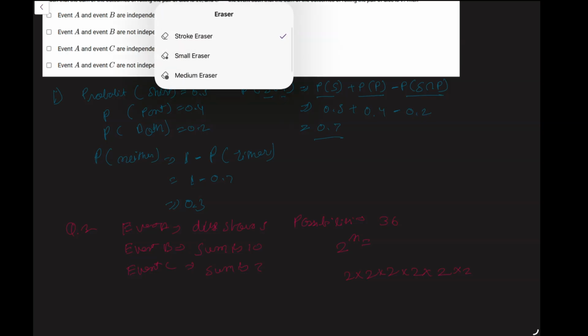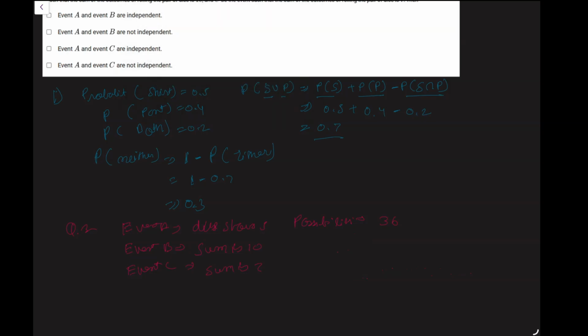No, no, hold on. Not this one. I'm getting confused with Bernoulli's. So the first die has 6 possibilities, and the second has 6. So you have in total 36 possibilities of events. So let's work through what each event means and how to test if they are independent.